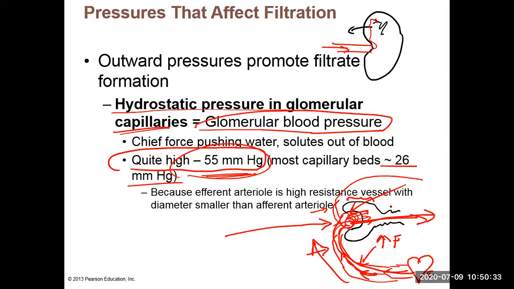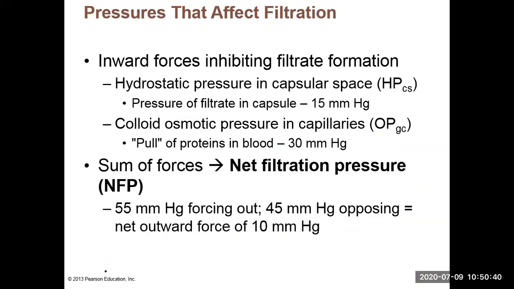But there are two opposing forces that we need to take a look at. One of those opposing forces happens to be hydrostatic pressure in the capsular space. Well, what does that mean? Let's take a look. Here is the Bowman capsule. If you do not know what we are looking at, we are looking at a portion of the nephron.